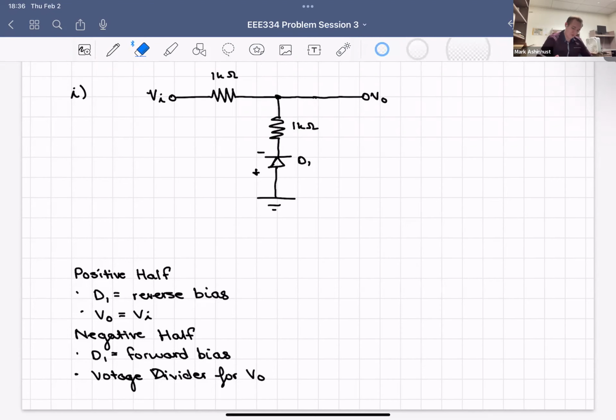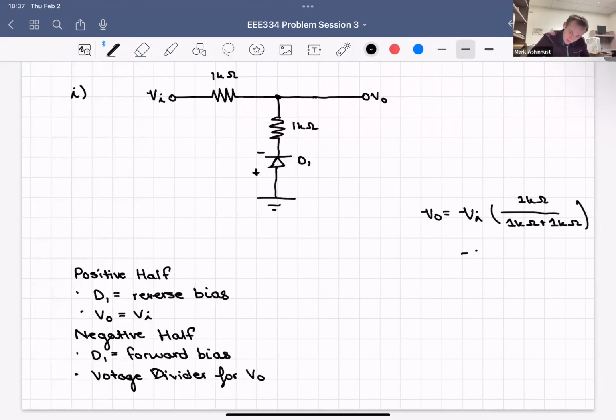So when we're finding V out for that negative half, we're going to have V out equals V input times 1 kilo ohm over 1 kilo ohm plus 1 kilo ohm. And that V input, because it's negative, the max will be negative 5 volts. So we'll have negative 5 volts times 0.5. So our max negative voltage is going to be negative 2.5 volts.